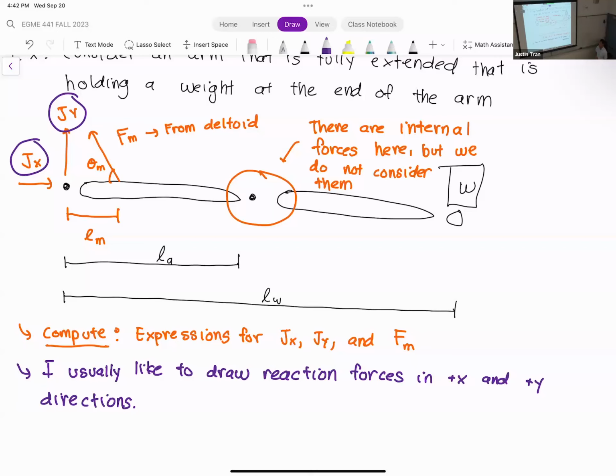But we're not making a statement, so we're not saying that we know for sure that the reaction forces are actually going to go in the directions that we state. It's just there for mathematical convenience.